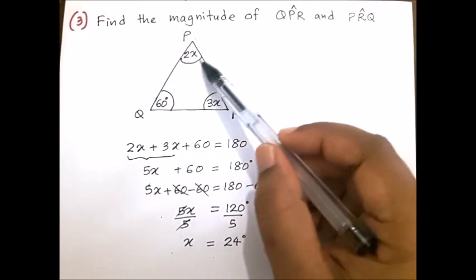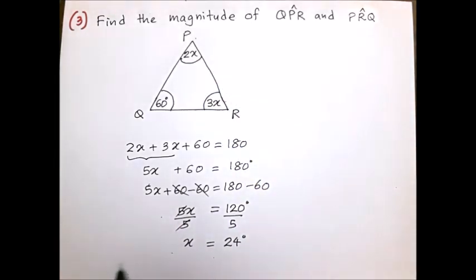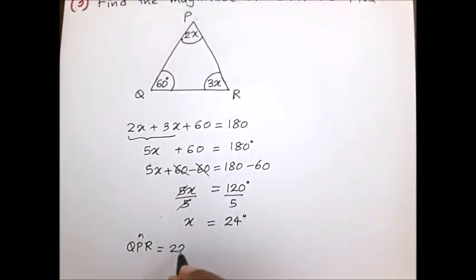QPR is equal to 2x. So you have to write the magnitude of QPR. It is equal to 2x. Here the magnitude of x is 24. To find the magnitude of 2x, multiply this by 2. 24 multiplied by 2. The answer is 48 degrees.